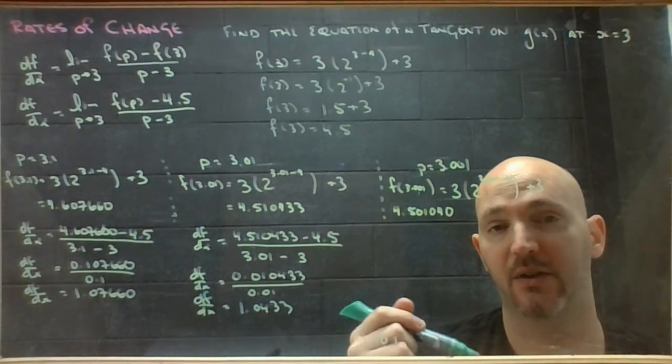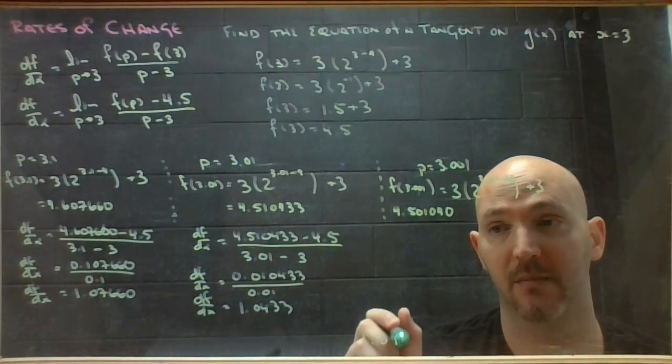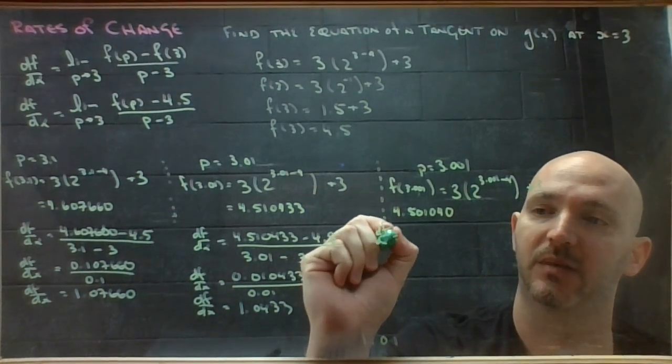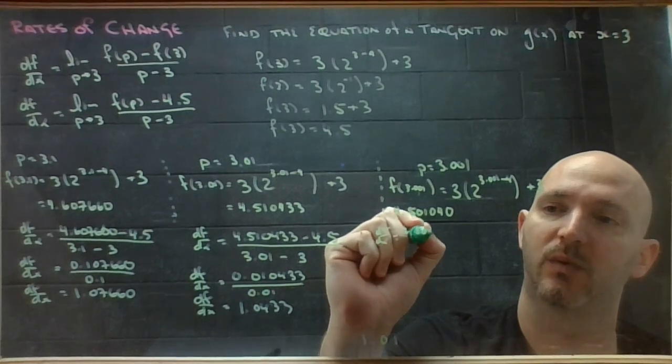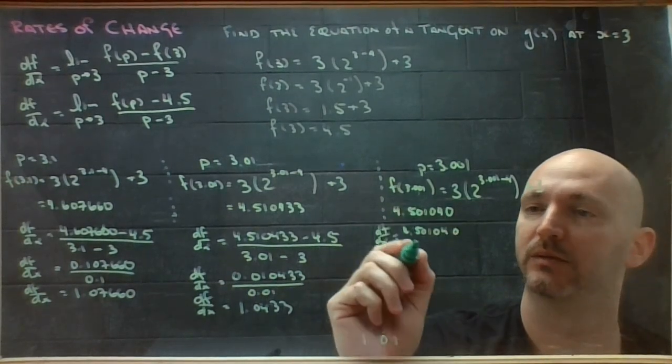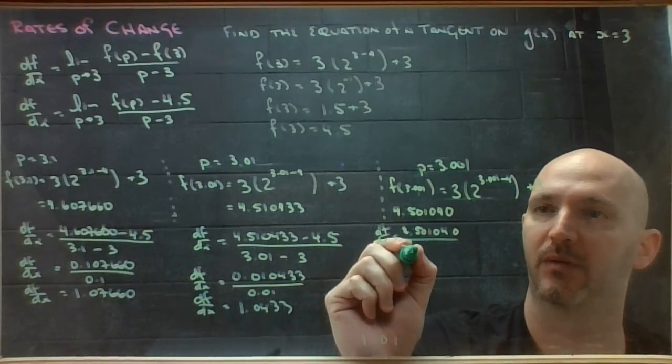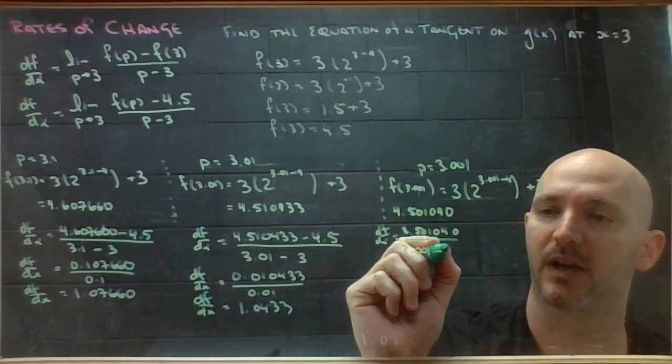So I'm going to run this calculation a third time to try and confirm that pattern. So df dx would be 4.501040 divided by 3.001, subtract 3.